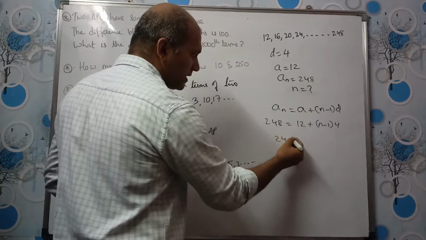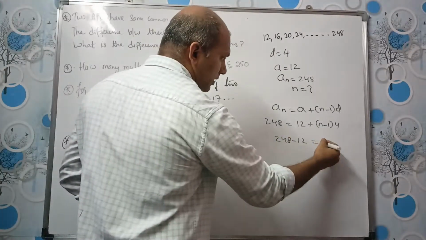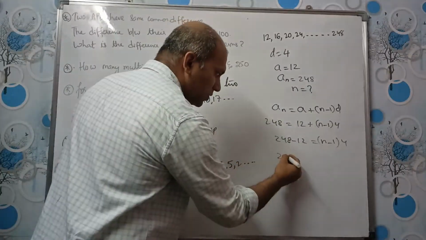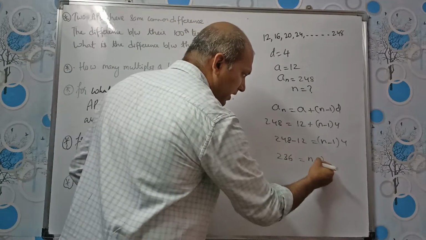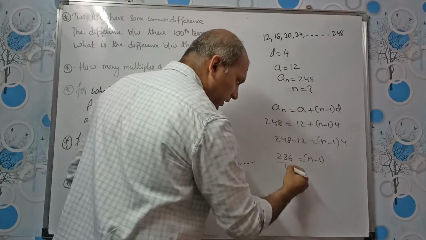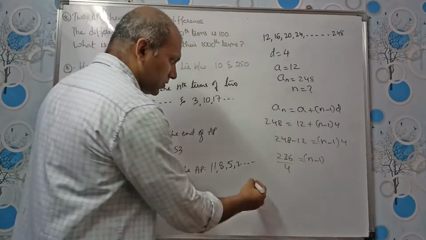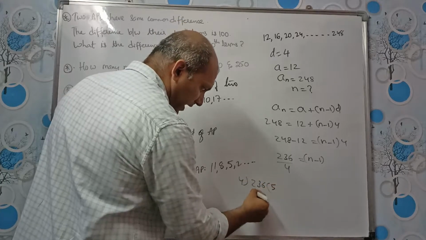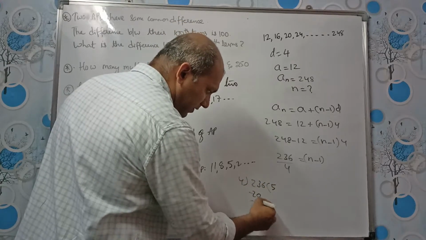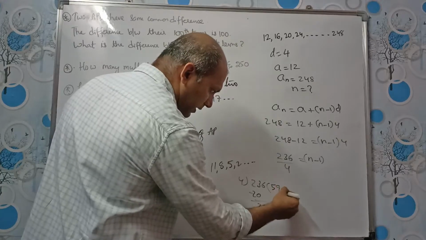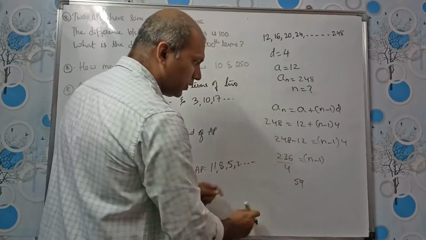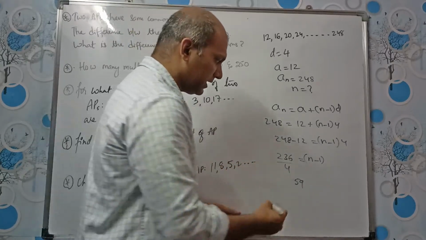So 12 goes on this side, it will subtract: (n minus 1) multiplied by 4 equals 236. That 4 will come here, it will divide. So 236 divided by 4: 5 4s are 20, and this is 36, 9 4s are 36. So this is 59. So 4 will go in 236 59 times.